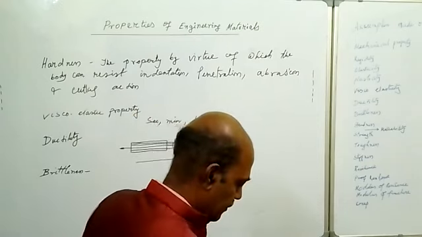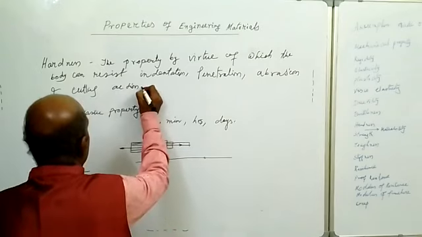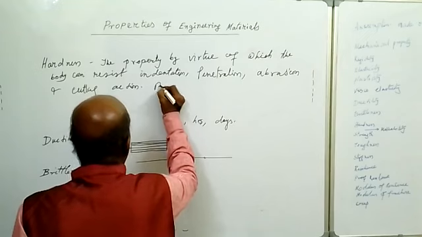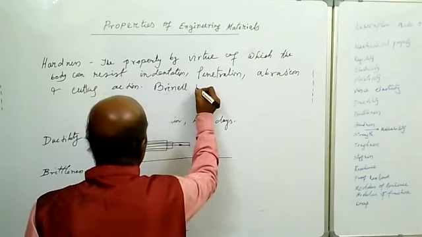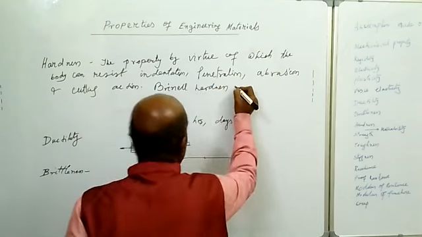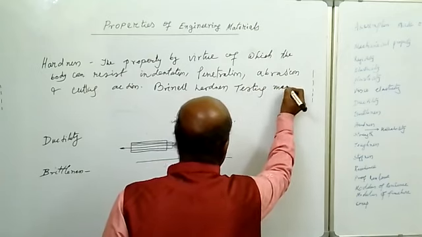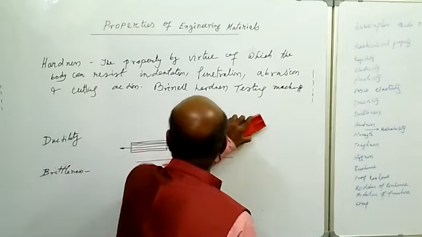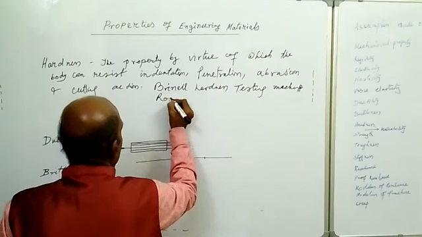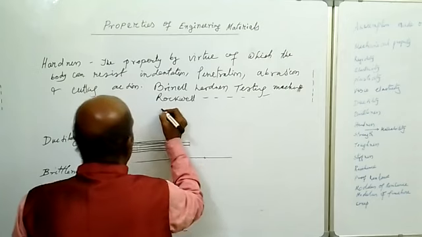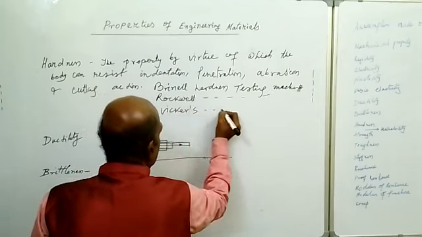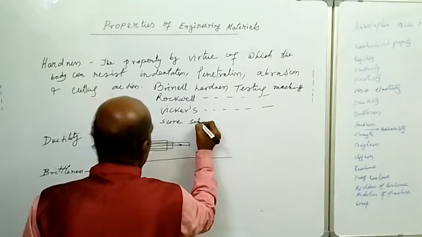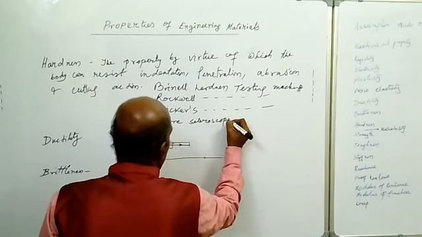And the hardness of a material is tested by, first, the Brinell hardness testing machine, Rockwell hardness testing machine, then Vickers hardness testing machine, and also by using the Shore scleroscope testing machine.